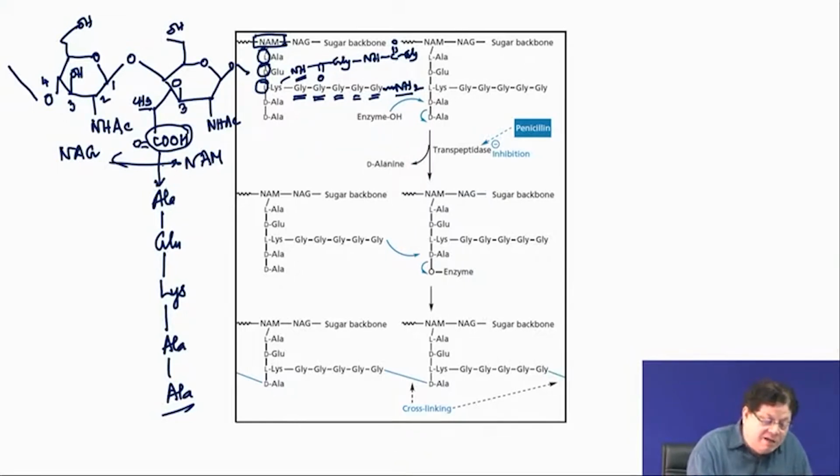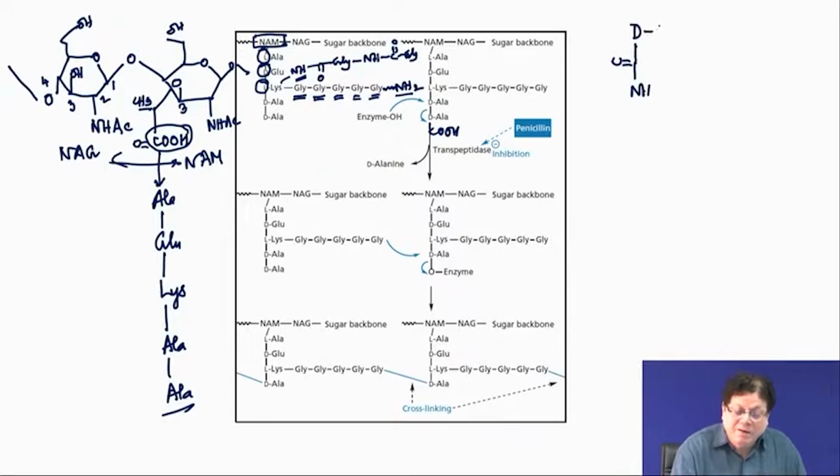So, alanine NH is on this side and CO2 is on this side, that means this will end up with a CO2H. So, this is a carboxy end here, okay. And in between D-alanine you have a CO-NH. Okay. So, you have a D-alanine here, you have a D-alanine here, that is the end point, and this is the CO2H, and this D-alanine is attached to lysine and all these things.